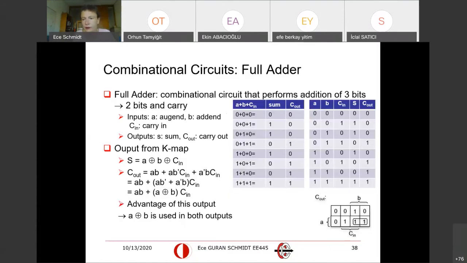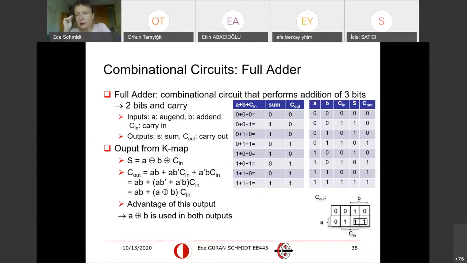Now, first, I will remind you the relevant combinational circuits. Okay, we will use these things in architecture. So we will do arithmetic operations. For that, we will need something that we call the full adder. So the full adder was a combinational circuit, looking at one bit of it, with 3 inputs and 2 outputs.